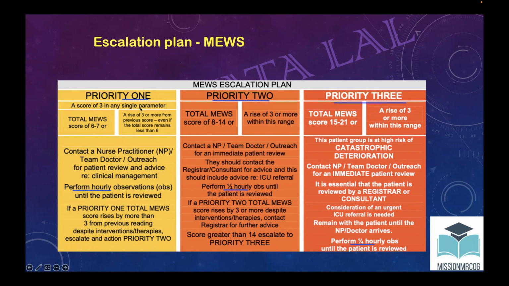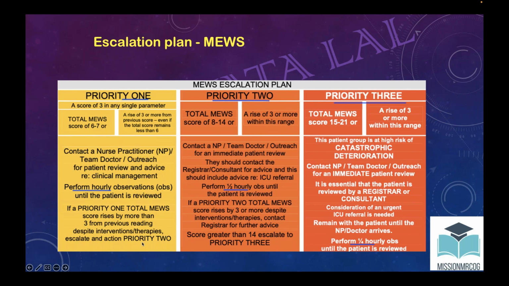So if any red box comes suddenly, or if the total score is 6 to 7, then hourly observation will be done. But if at any time any parameter all of a sudden becomes a red box, then they will escalate it to priority 2.